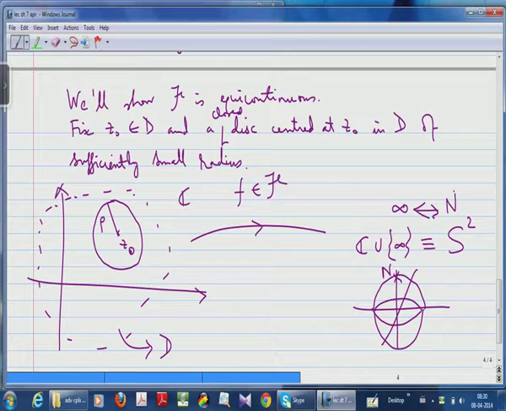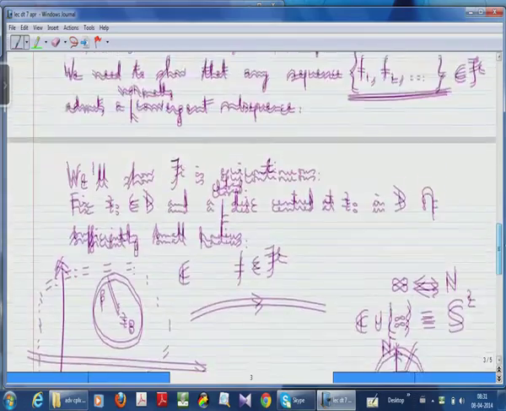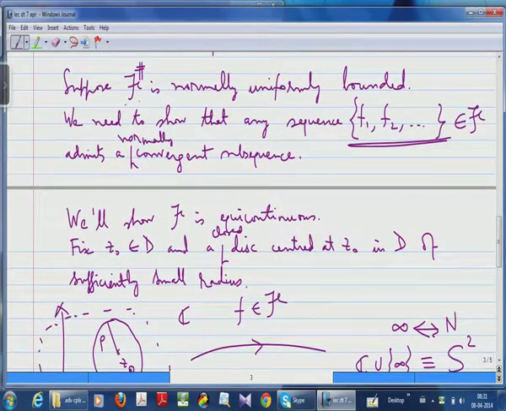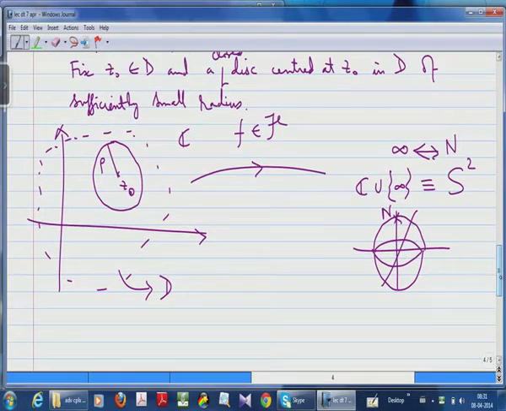And now what is it that I am given? I am given that the family of spherical derivatives is normally uniformly bounded. That means it is uniformly bounded on compact subsets of D, and this closed disk centered at Z0 radius rho is a compact subset of D. So it's uniformly bounded on that.